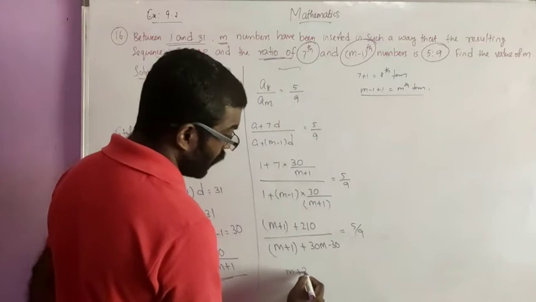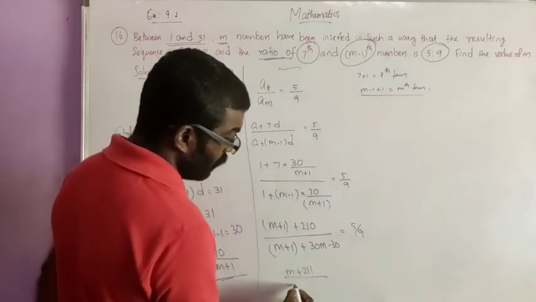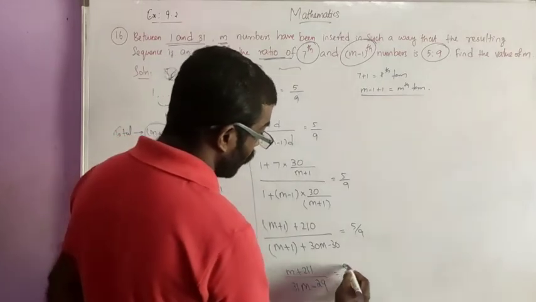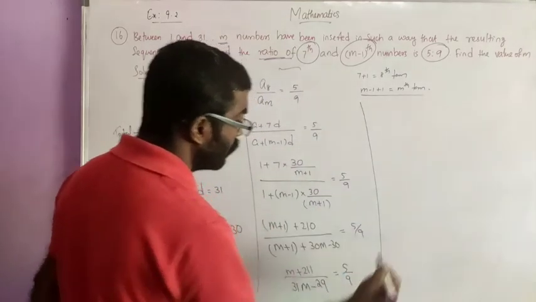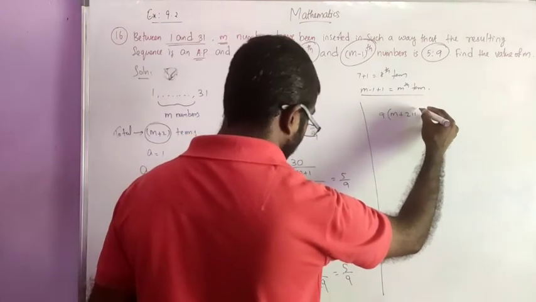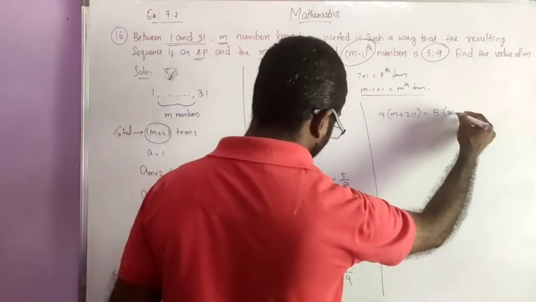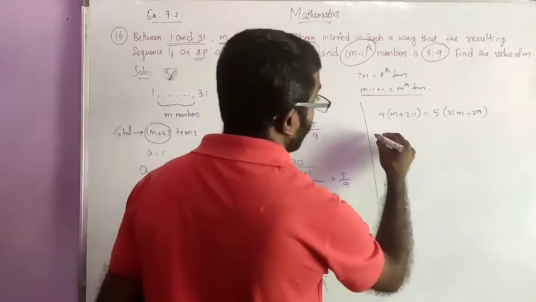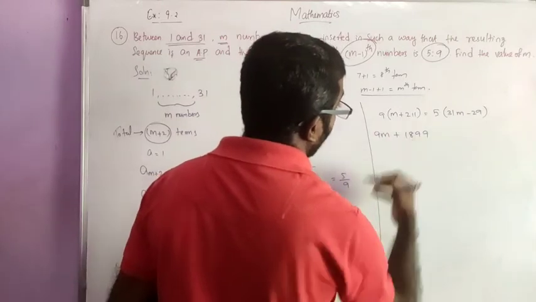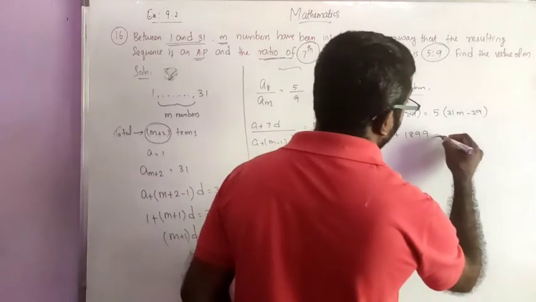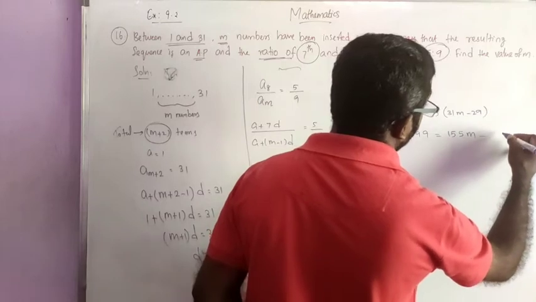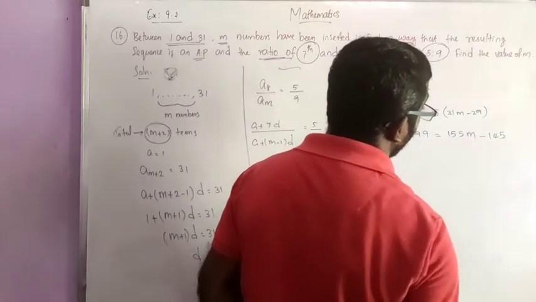So m plus 211 divided by 31m minus 29 is equal to 5/9. Now we can cross multiply this. 9 into m plus 211 is equal to 5 into 31m minus 29. That is 9m plus 1899, which is equal to 155m minus 145.